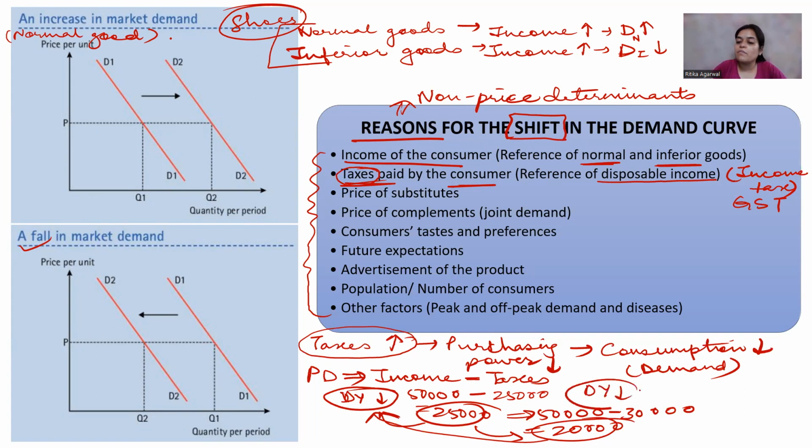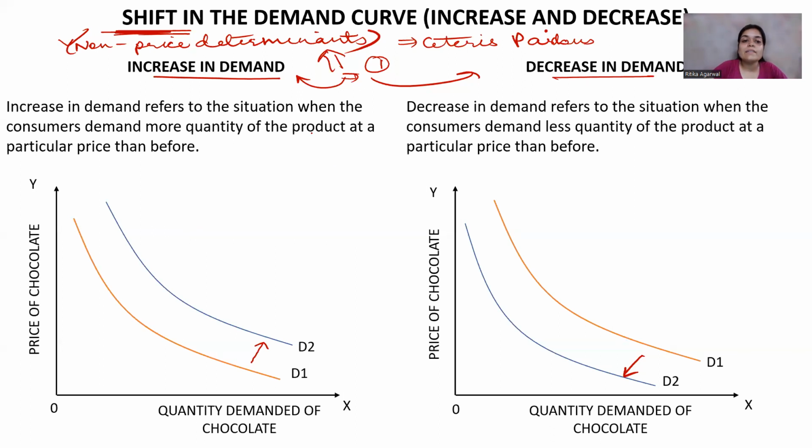When disposable income falls, this will lead to low purchasing power again, and this will further lead to a decrease in demand. If the demand decreases, the demand curve will shift leftwards, and there will be a decrease in the quantity demanded. Now you might have noticed one thing earlier, that it does not include price. These are non-price determinants.